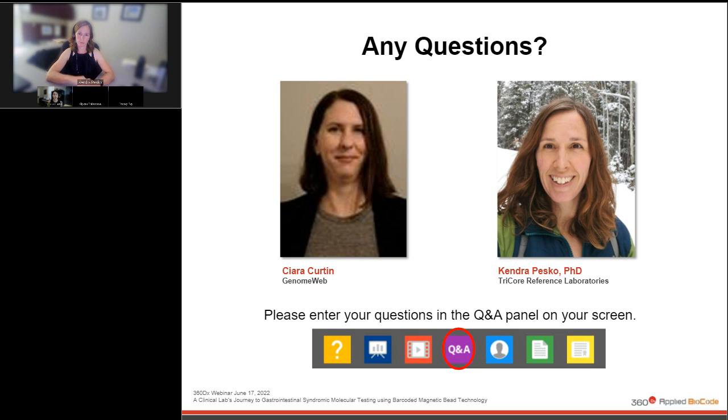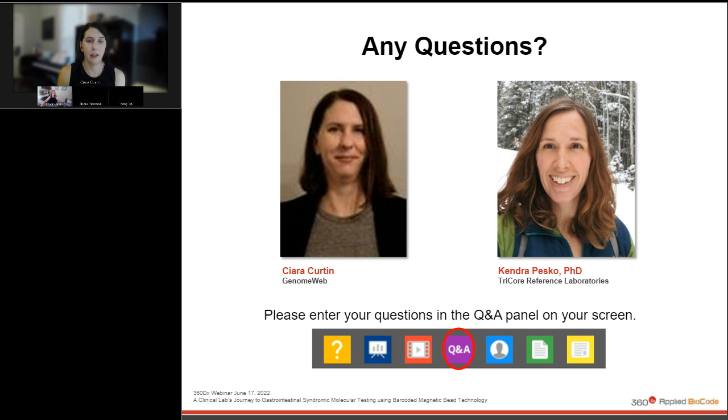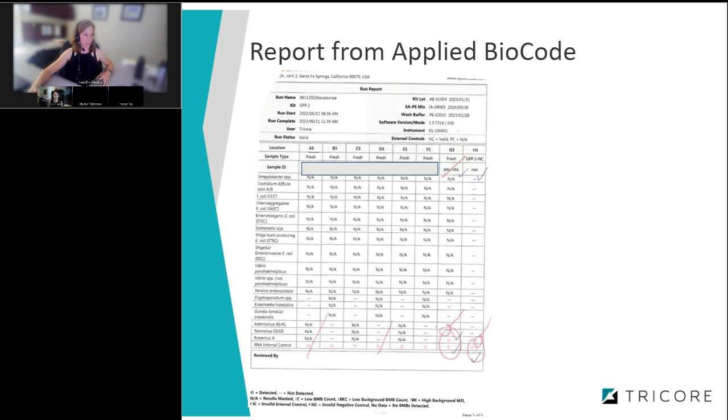Do you use the masking option provided on the MDX 3000? If so, how is that done? And could the results be unmasked after the run is complete? Yes, we do. I did have some slides that addressed that. We mask all of the targets that are not ordered.